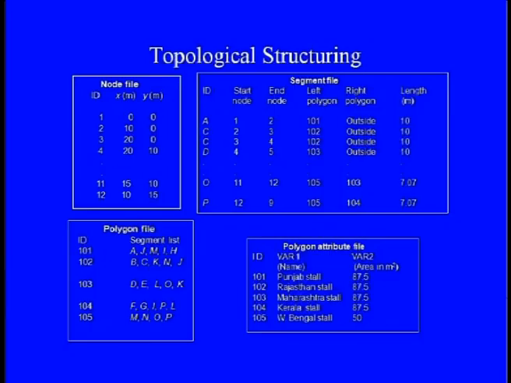Similarly, polygon 104, its name is Kerala stall, and it again occupies an area of 87.5 meter square, while the polygon 105 is West Bengal stall, and it only has an area of 50 square meters. Now, with this information, other activities such as charging of hire of rents can be undertaken.